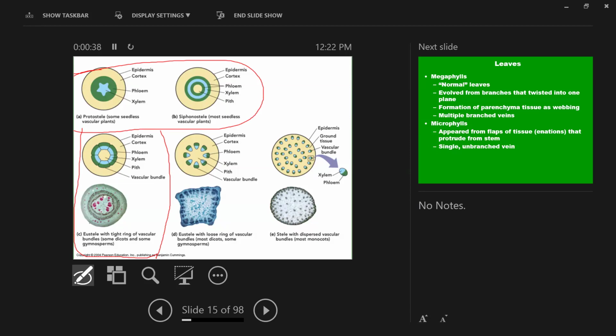And then the siphonostele idea, which most species of seedless vascular plants will do, is a ring of vascular tissue.